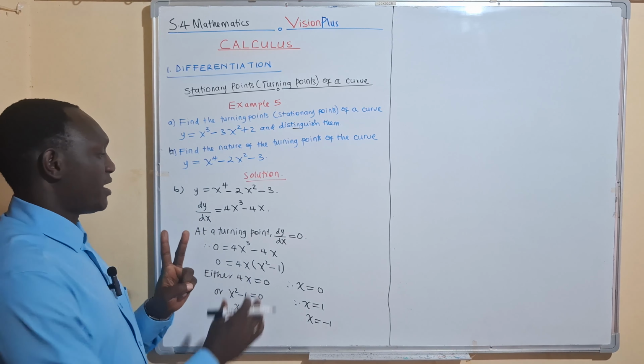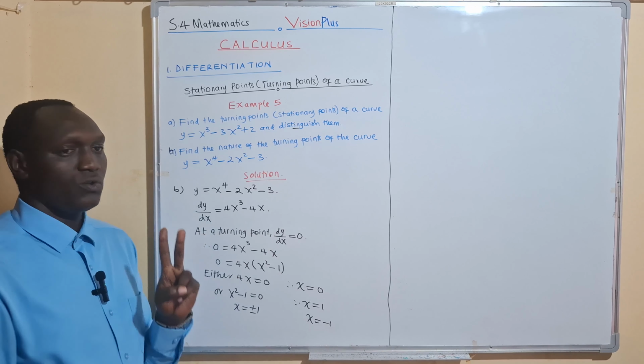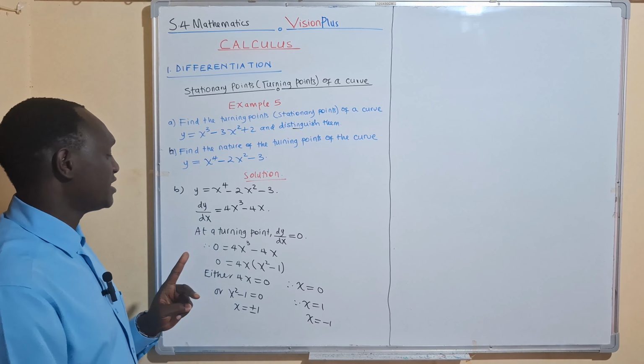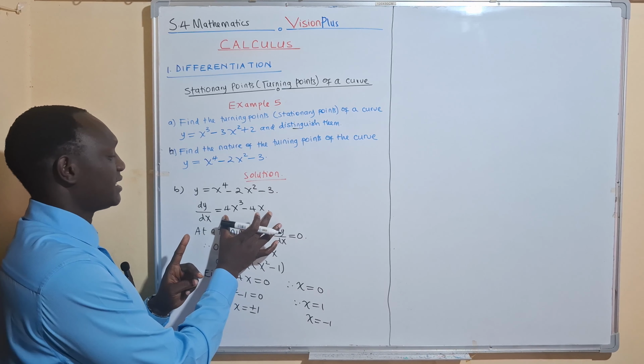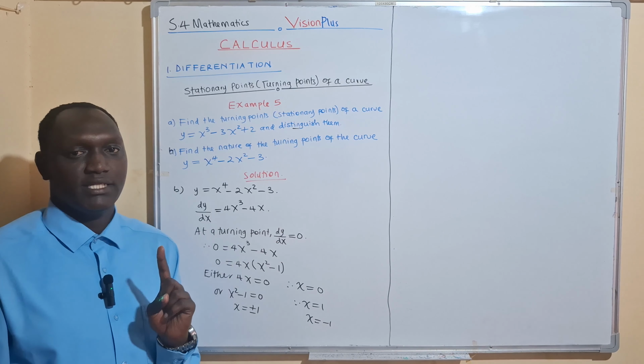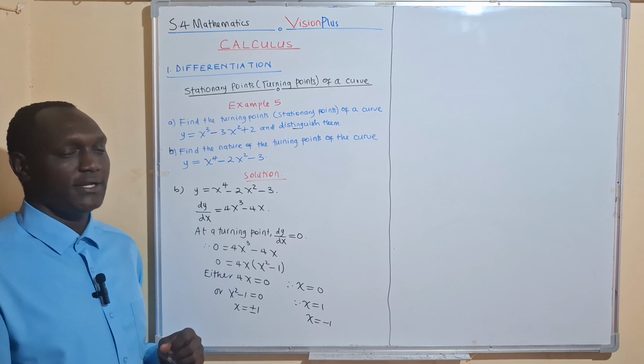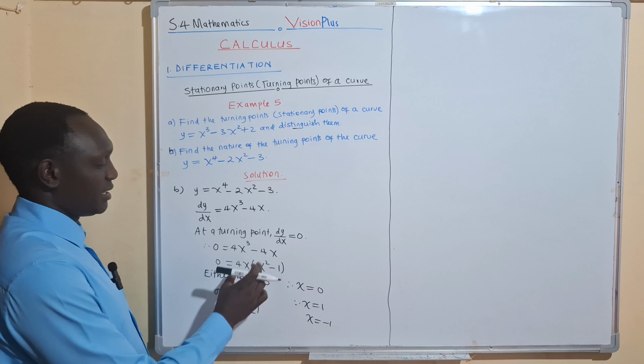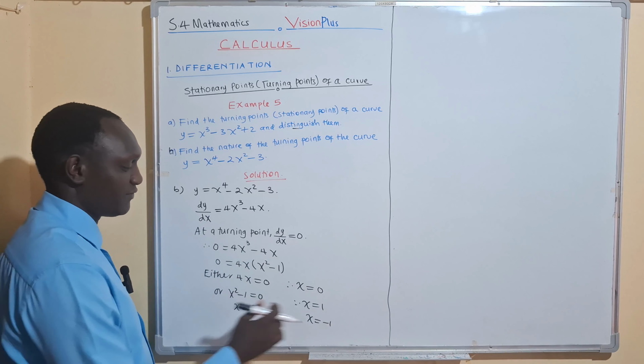Now, if the highest power of the gradient function is 2, it means we have 2 turning points. If the highest power of x in the gradient function is 1, it means we have 1 turning point. That is what we should know. But always solve the expression and get the values of x.